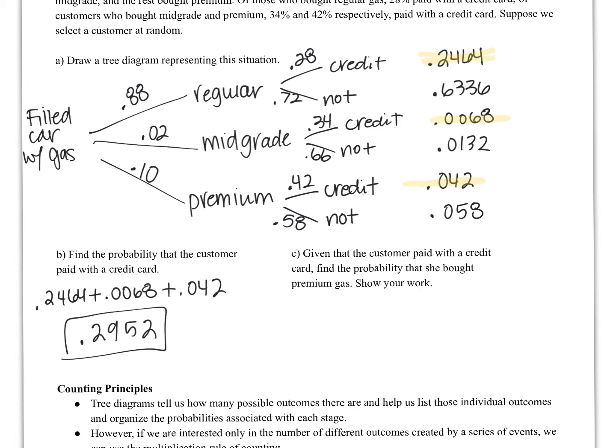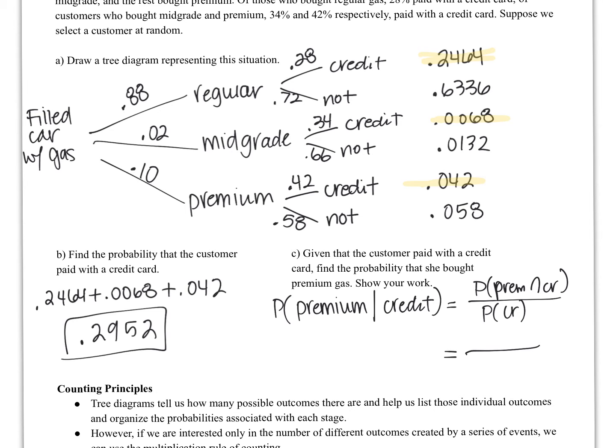Next, given that the customer paid with a credit card, find the probability that she bought premium gas. Show your work. So this is the probability of buying premium given you paid with a credit card. So we're going to do the probability of premium and credit over the probability of credit.